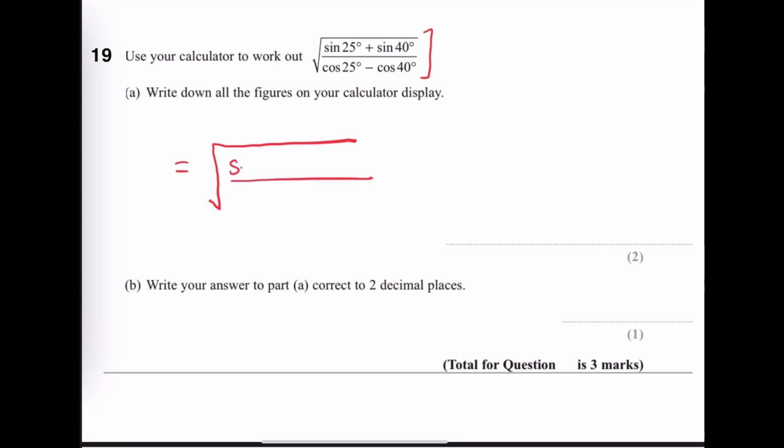So you're going to put sin, and then in brackets, you're going to put that 25 degrees. Then you're going to do the same. You're going to put plus, and then you put the 40. Then you're going to press the down button so you can go down, and then you're going to say cos. In brackets, you put the degree, and you do minus, and you put the degree.